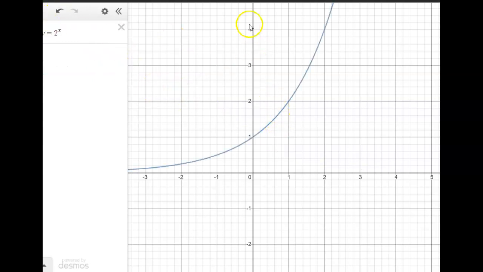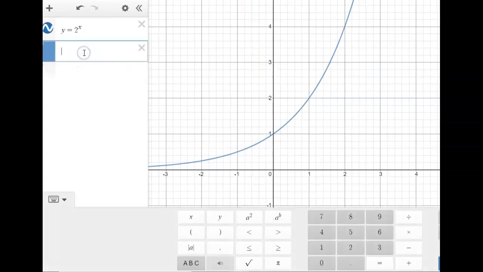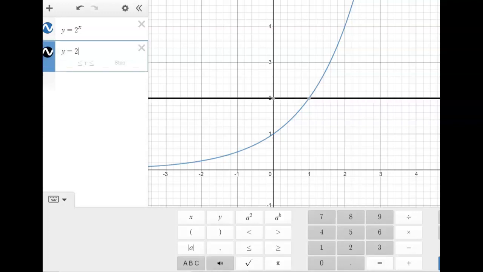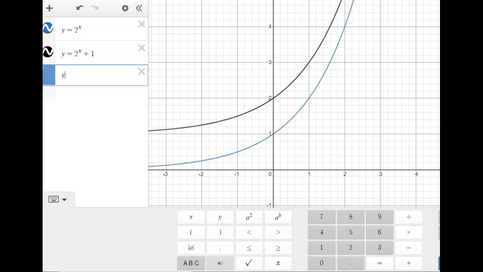Let's graph it, and you can see that if we start doing things to it, for example, y equals 2 to the power x plus 1, it will be a vertical shift of 1 unit up. Now, for example, if we do y equals 2 to the power x minus 2, that will be a shift of 2 units down.